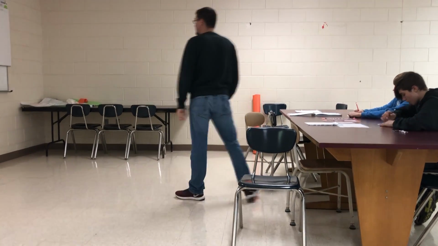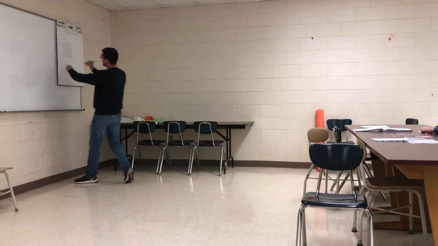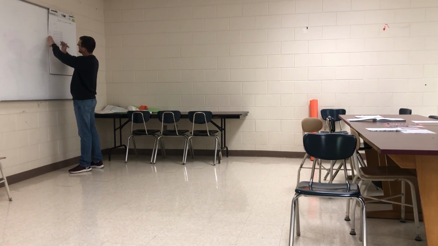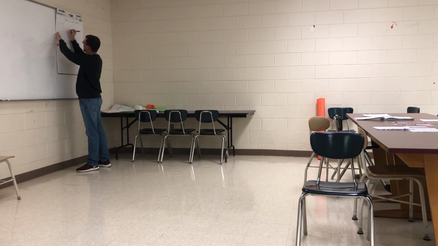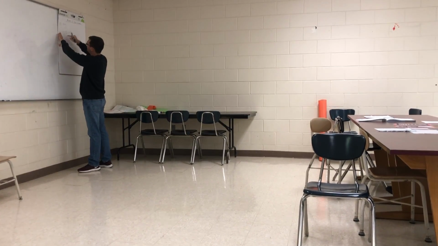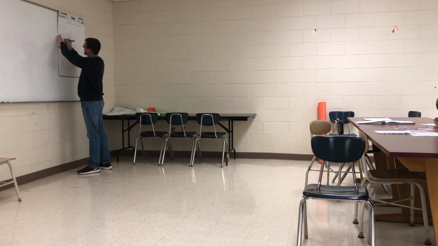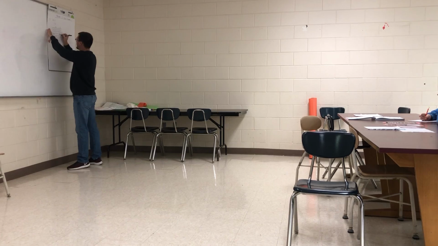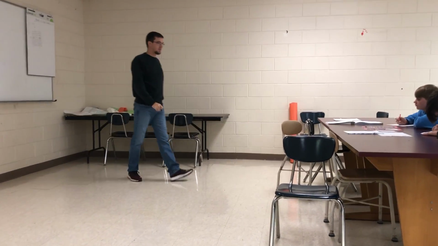All right, so we know that we've got 8 down this side, 5 here, and 2 here. Okay, so I know 8 times 7 is the same thing as 8 times 5 plus 8 times 2. All right, you see how that's going to work?